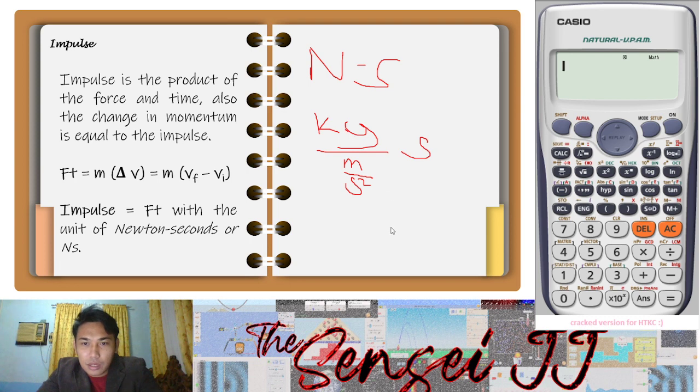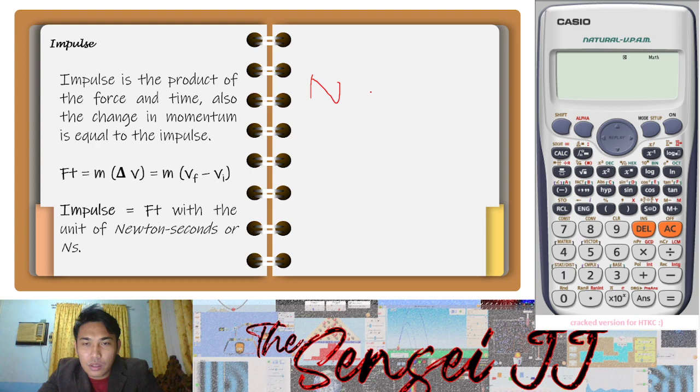Let me delete this one. Erase. Okay, so we have here Newton second. Newton is kilogram times meter per second square, multiplied by second. Cancel this one.